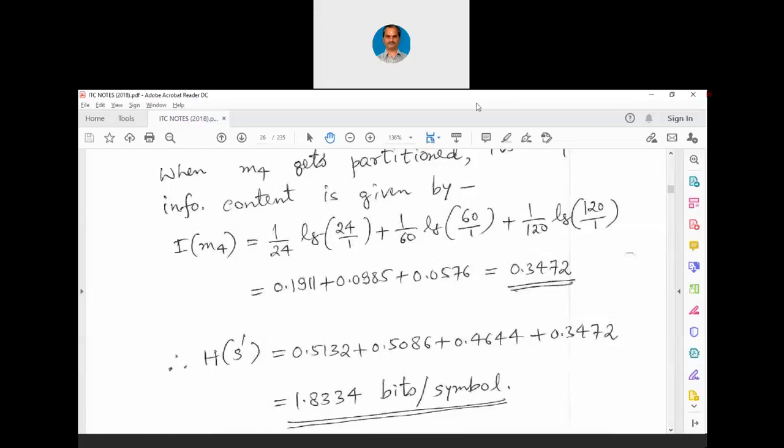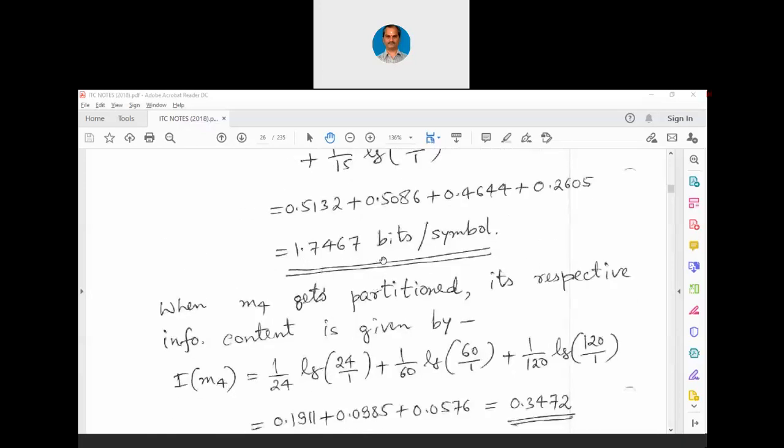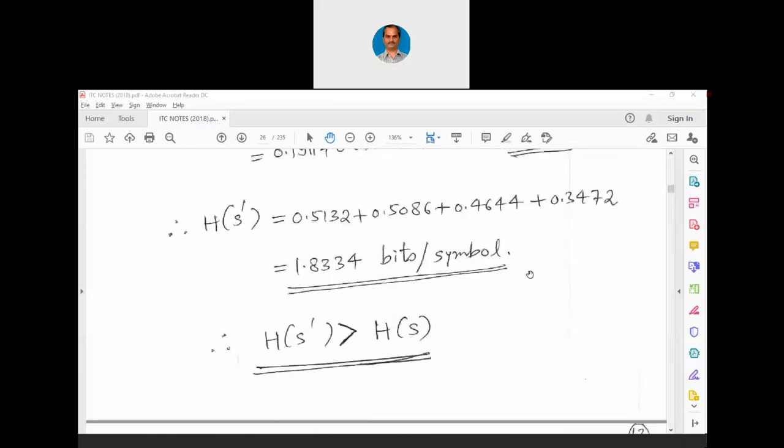Why did we call it H of S dash? Because we have split it into subsymbols now. It is not an extension again. Don't get confused. It is not H of S square or H of S cube. It is not an extension where all the symbols are extended. One particular symbol is split. So H of S dash is 1.8334 bits per symbol, which you compare with this 1.7467, information content is increased.